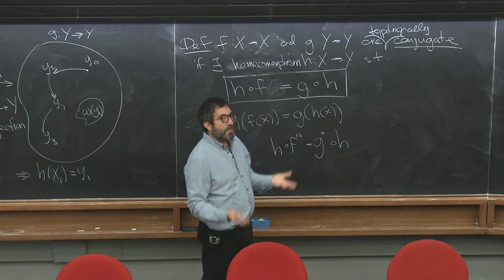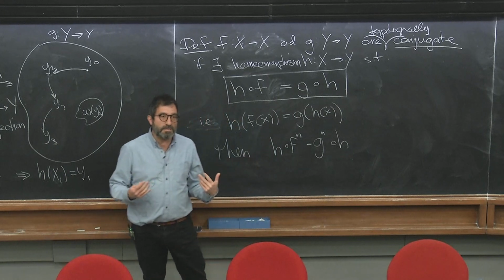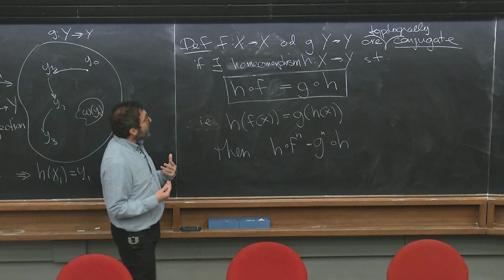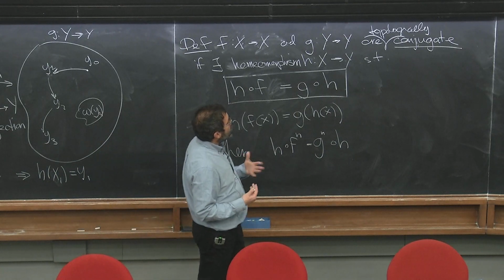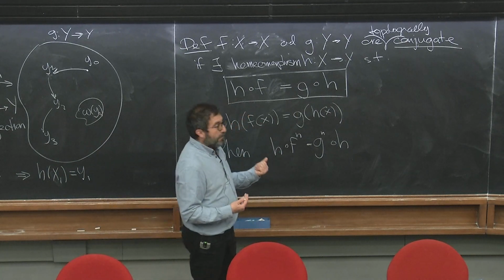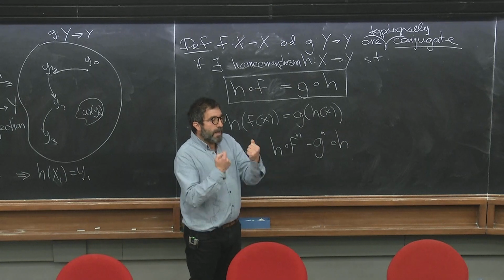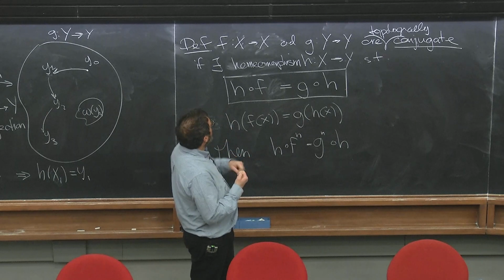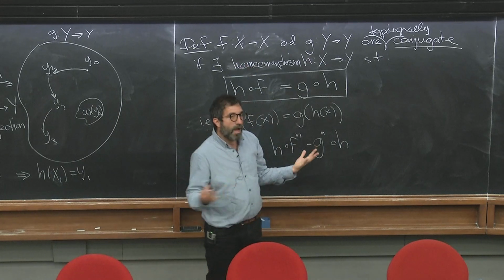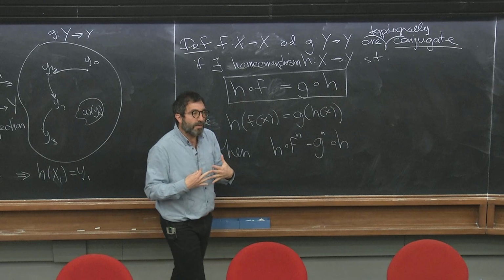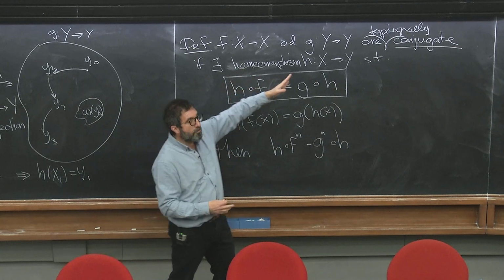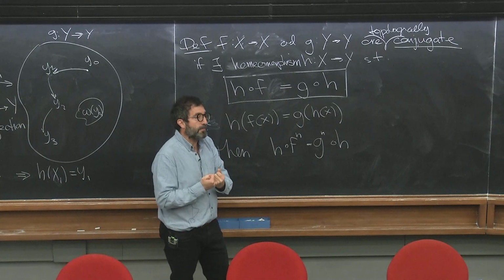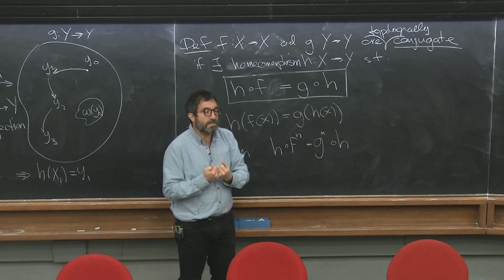Topological conjugacy is also an equivalence relation in the space of dynamical systems, right? Notice that topological conjugacy implies that two dynamical systems can be topologically conjugate only if the spaces themselves are topologically equivalent, because the fact that you have a homeomorphism, as we said before, is the notion of equivalence between two dynamical systems. Which makes sense, right?